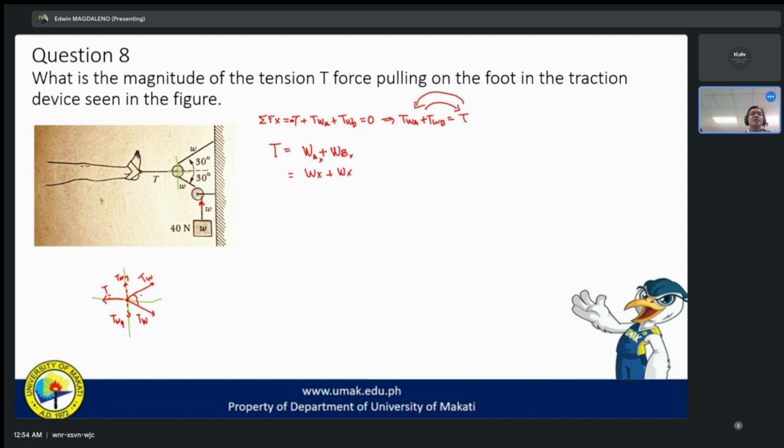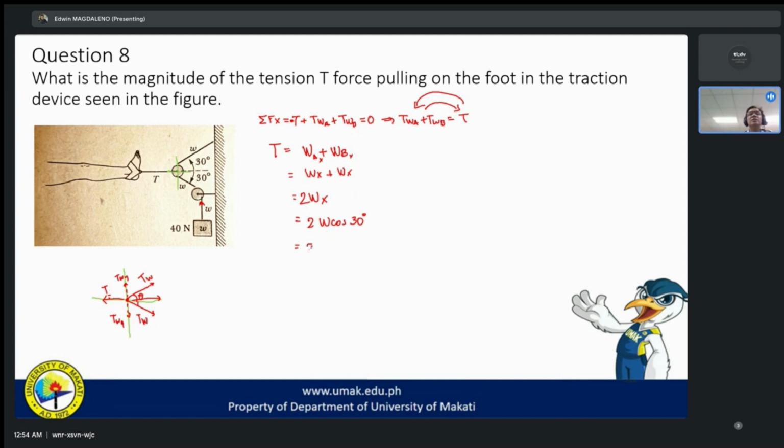Kasi ito si theta natin which is 30 degrees. Ito si WX. It is adjacent to theta. So pagsamahin natin, that's 2WX. Ano yung WX natin? WX is W cosine of 30 degrees or cosine of theta. And W is 40. Okay.